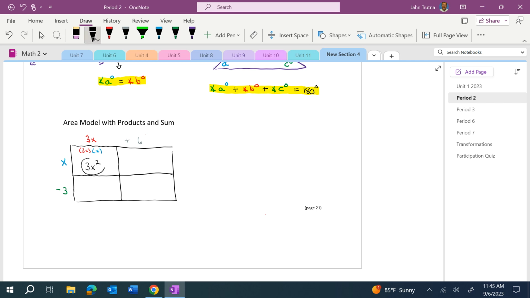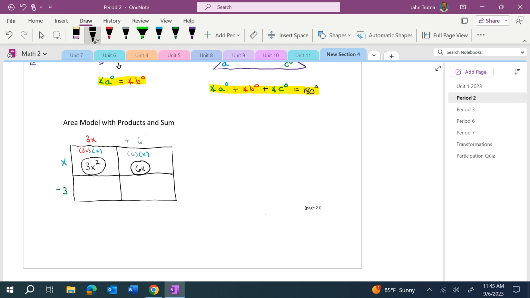So the area of the top left rectangle is 3x squared. Moving to the top right rectangle, I'm going to take its length, which is positive 6. I'm going to multiply it with the width, which corresponds with x. 6 multiplied with x gives me an area of 6x. So the area of the top right rectangle is 6x.